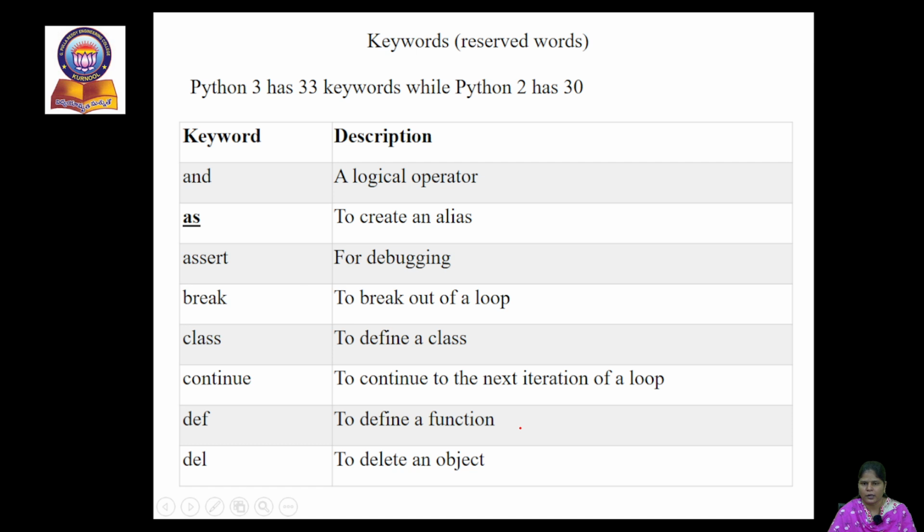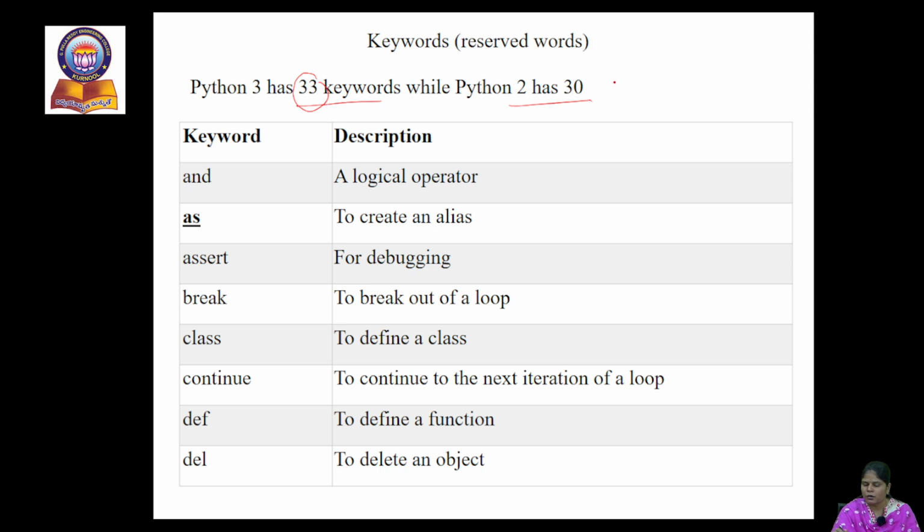It shows a continuation. Coming to the keywords, which are reserved words, whenever you are declaring a variable, you should not use the keywords. In Python 3, we have 33 keywords. In Python 2, we used to have 30 keywords. Some of the keywords were removed and some new keywords were added.